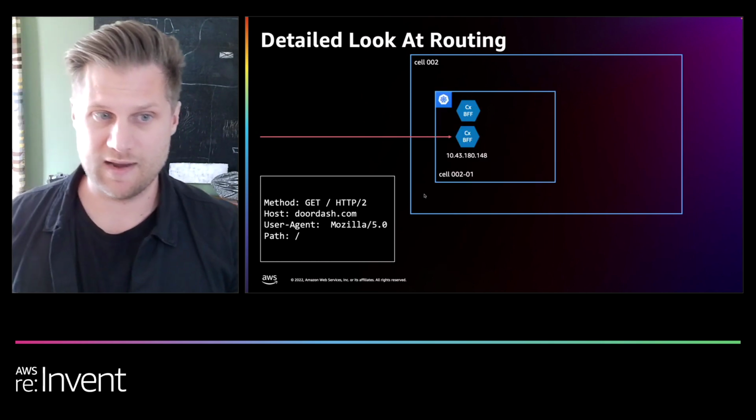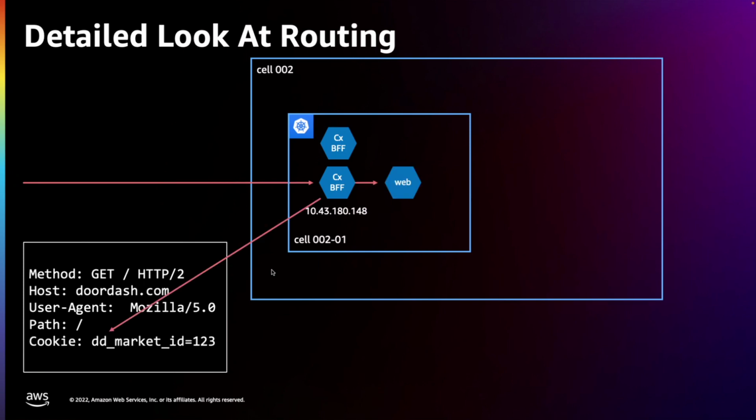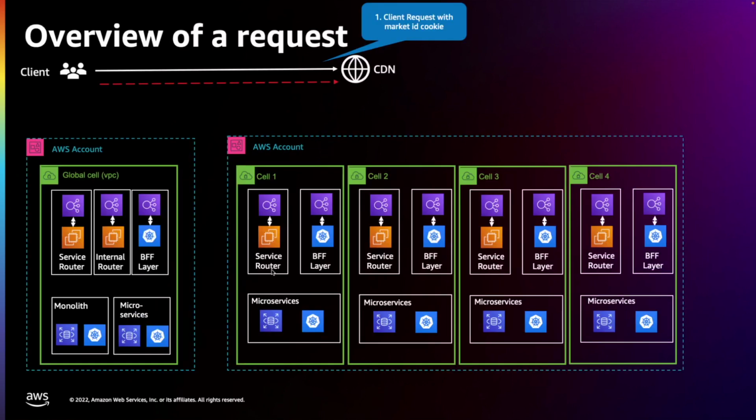Now that we have an actual IP, the request then flows on to the consumer BFF, and that BFF then interacts with some backend service to determine the user's market ID, usually using something like home address, like I mentioned earlier. So then on subsequent requests, we now have a market ID cookie when the request arrives at the CDN.